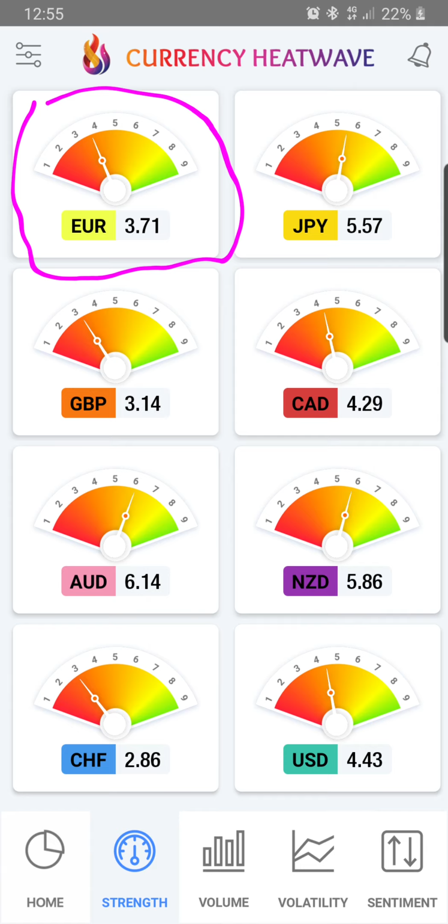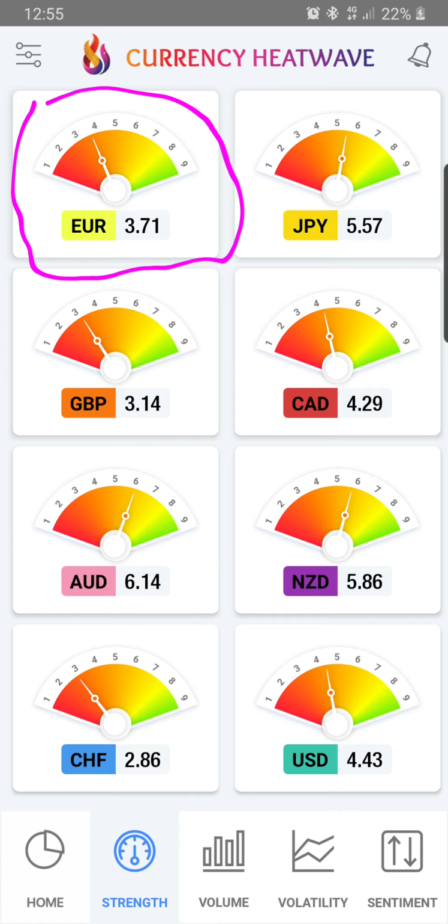From 4 to 6 is your average zone. Anything below 4 is weak. From 1 to 3 is your weak zone. From 7 to 9 is your strong zone.